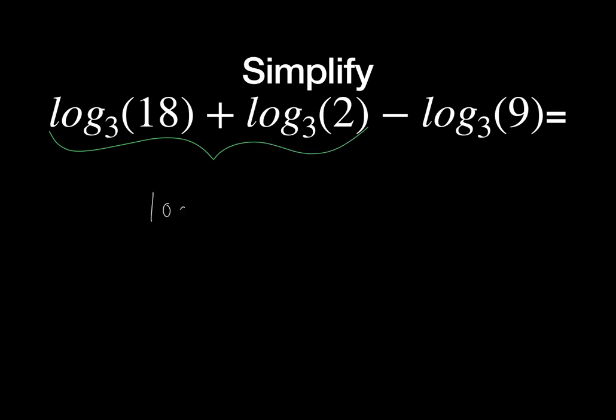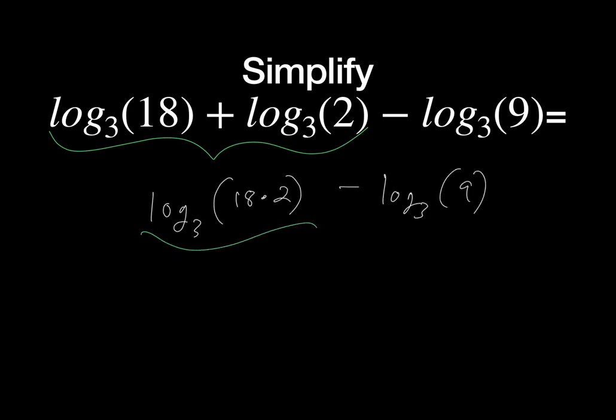It would be log base 3 of 18 times 2 minus log base 3 of 9. And now I remember, subtraction, when I combine together the same logarithm bases, is division. So now I'll have log base 3 of 18 times 2 over 9.